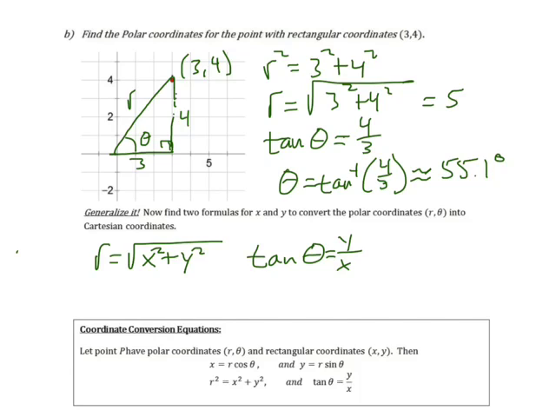If we're going from polar to Cartesian, the x coordinate is r cosine theta, and the y coordinate is r sine theta, which should look pretty familiar from what we've been doing with vectors if you've been following along. Those formulas are right down here for you. So that's how we find points in the polar coordinate system, and so give that a try and see what you can do.